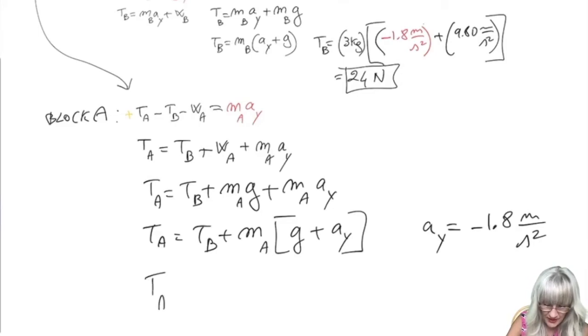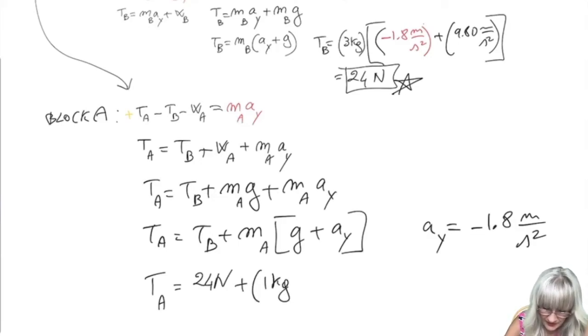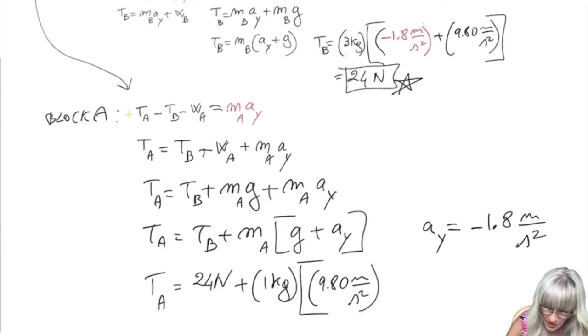So T of A will be, T of B was 24 Newton, right here where I put the star. Mass of A was 1 kilo. Then I'm going to open my square bracket, 9.80, acceleration, plus here's where I put my negative value.